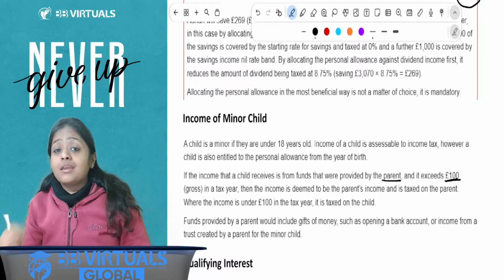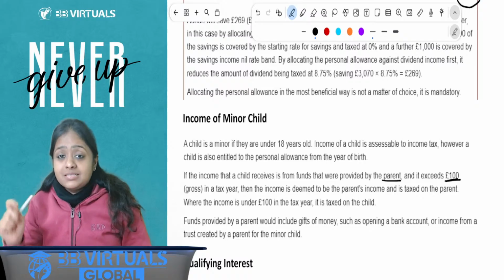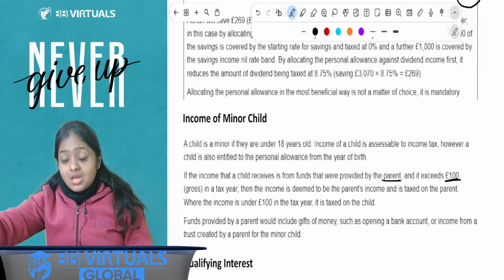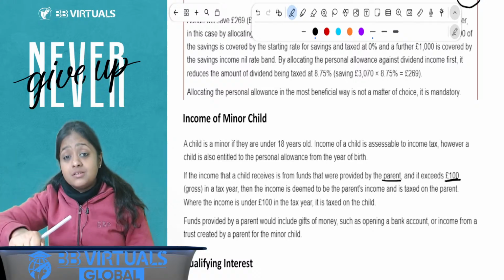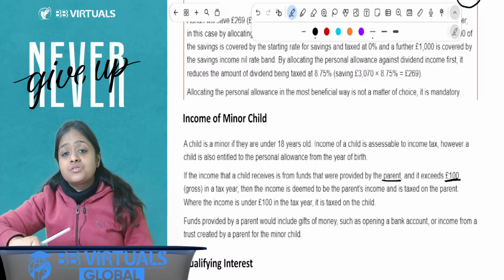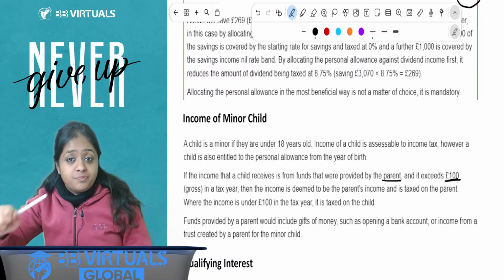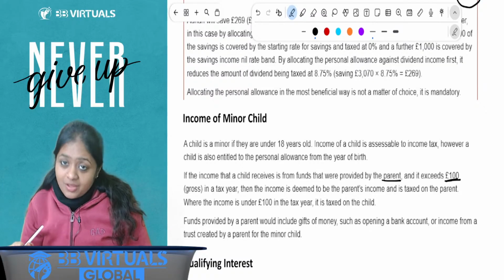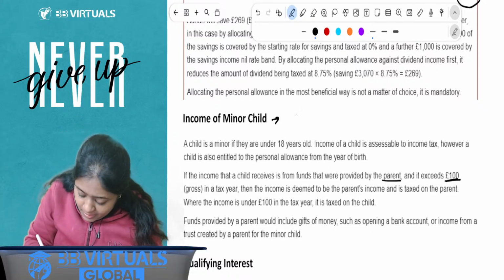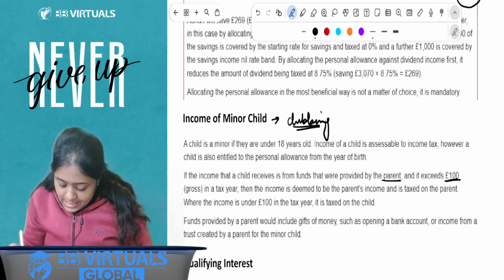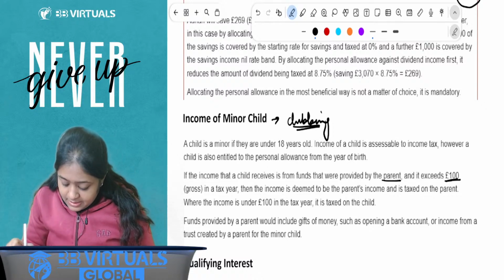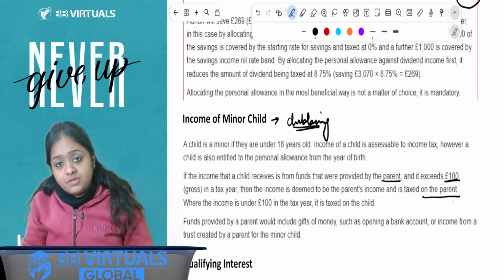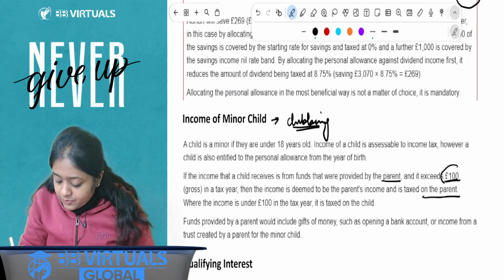It says if there is a fund set up by a parent and interest is earned on that fund, that interest will not be taxed in the hands of the child, it will be taxed in the hands of the parent who transferred it. So this is simply the provision of clubbing here. It will be deemed to be the parent's income and will be taxed in the hands of the parent only if this amount exceeds 100.